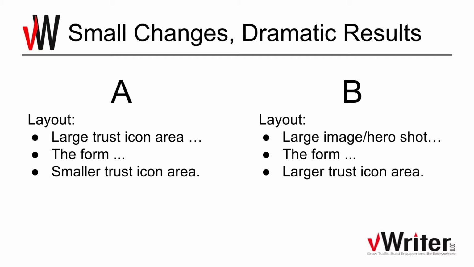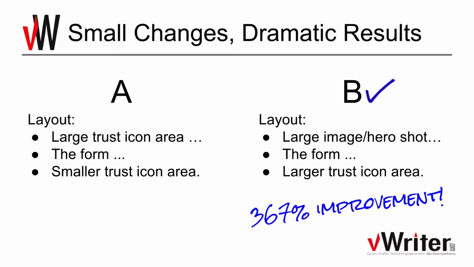On page B, it's just a larger version of that area. That simple layout change resulted in, again, a nearly 400% improvement, this time 367% improvement in conversions on that particular page. So again, it's not just about doubling conversions, it's more than 3 times, more than 300%.